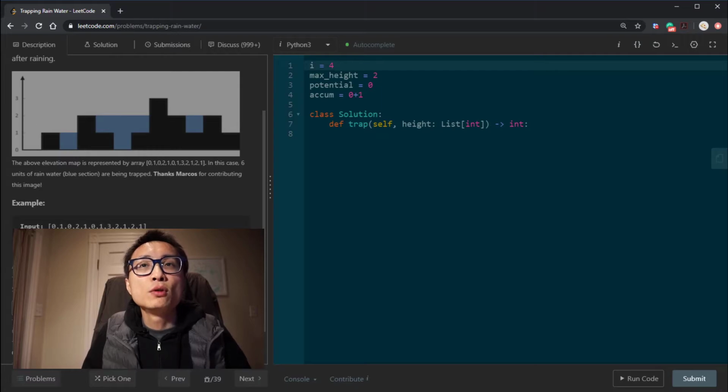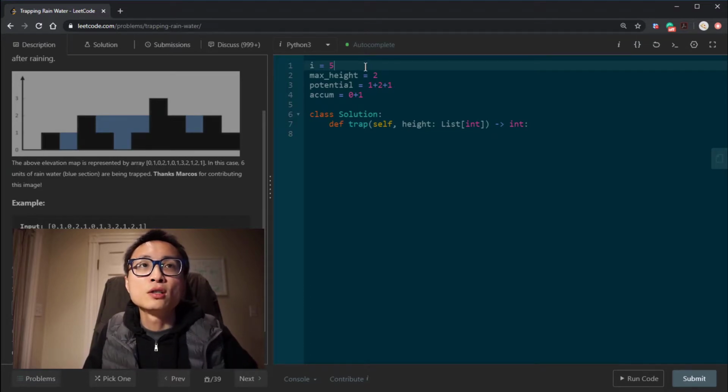Then we move to 4. We have a ground of height 1, so we put the difference onto the potential. Then one step further, we find a location of height 0, so we put the difference onto the potential.